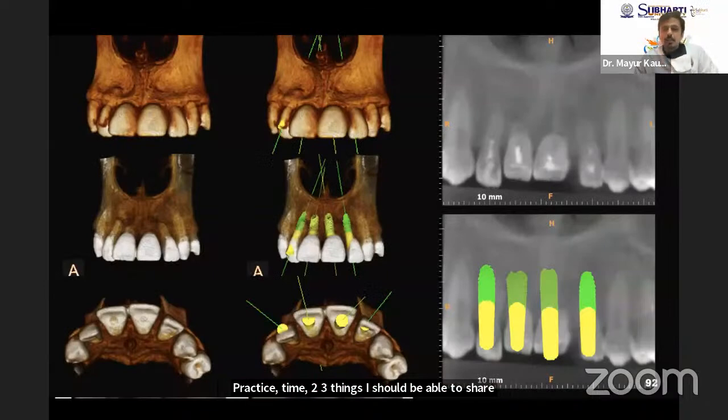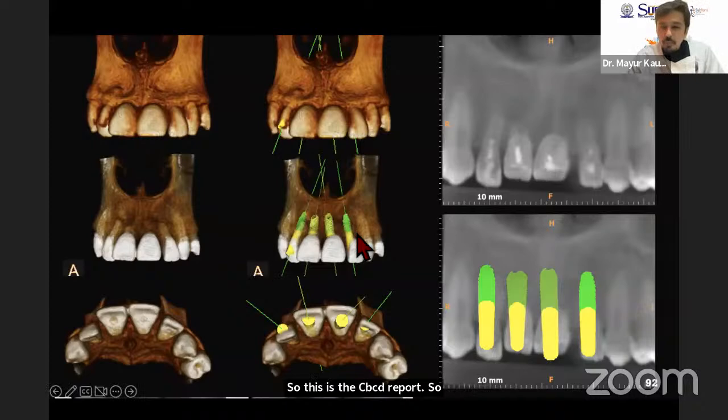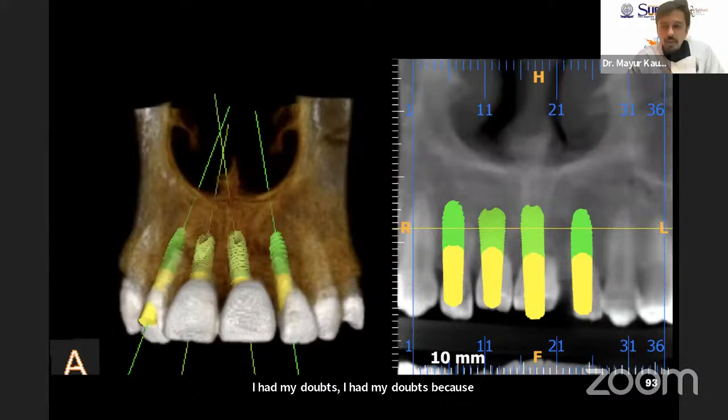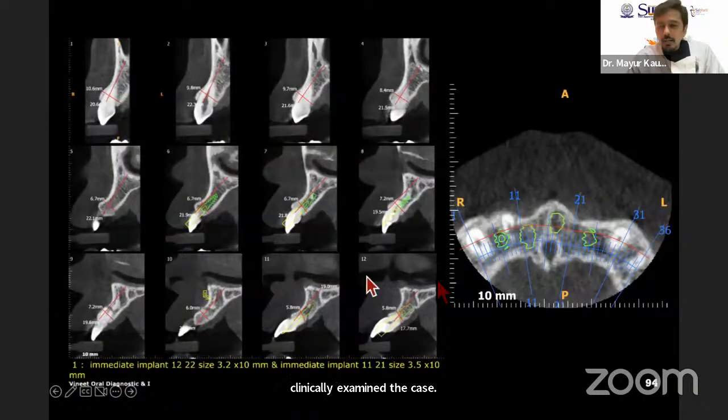So this is the CBCT report. The CBCT report told straight away that 4 implants can easily be placed. I had my doubts because I had clinically examined the case. In spite of the CBCT telling, dimensional inaccuracies can be there in the CBCT. Please understand this.